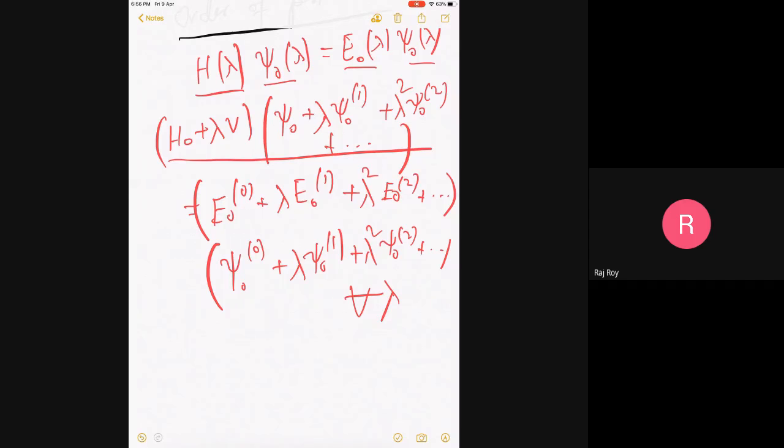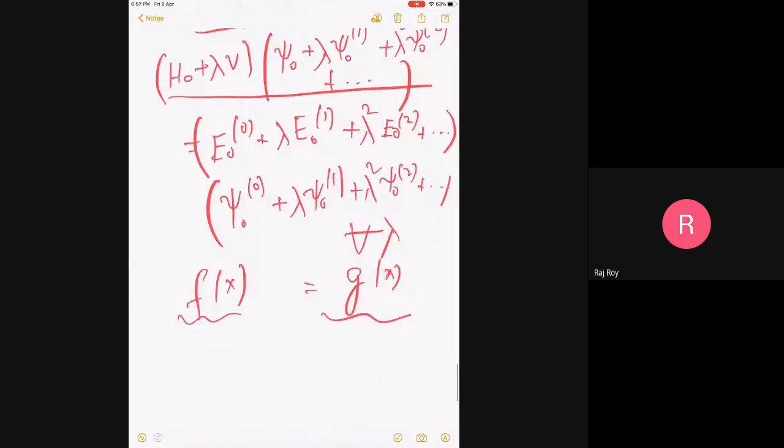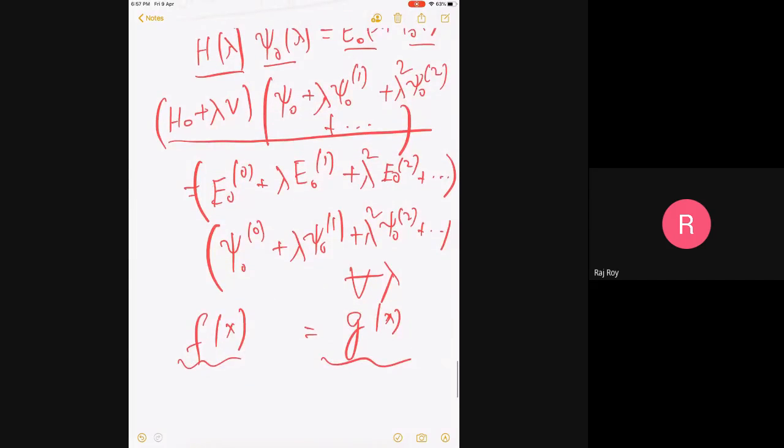I hope you remember this is very simple mathematics. If I have a power series of x, f of x equal to g of x, then the coefficients of all the powers of x will be identical. It is very similar. Or I can say this minus this equal to 0, then all powers together should be equal to 0, which is exactly the identical thing.